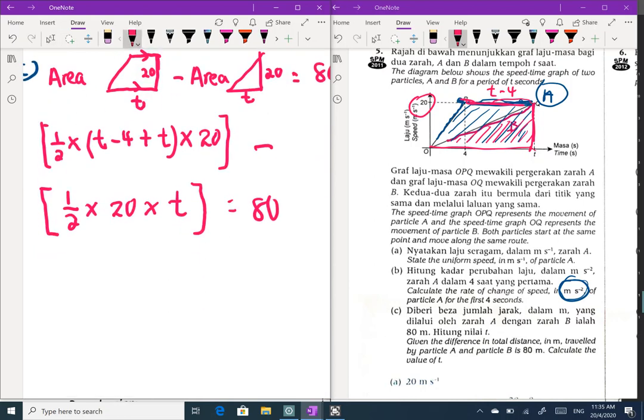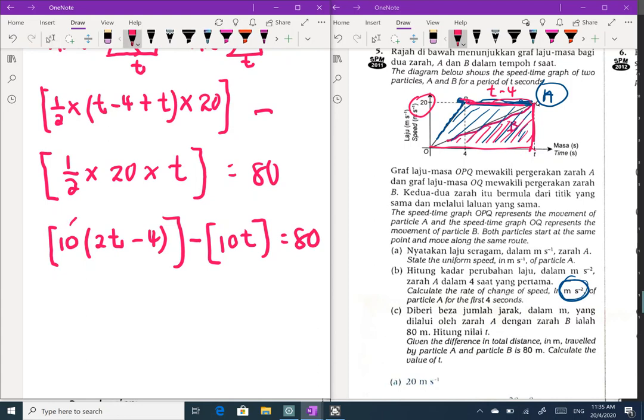Okay, solve. 1 over 2 times 20 is 10, so 10 times t plus t, 2t minus 4, minus 1 over 2 times 20, which is 10t, equal to 80.